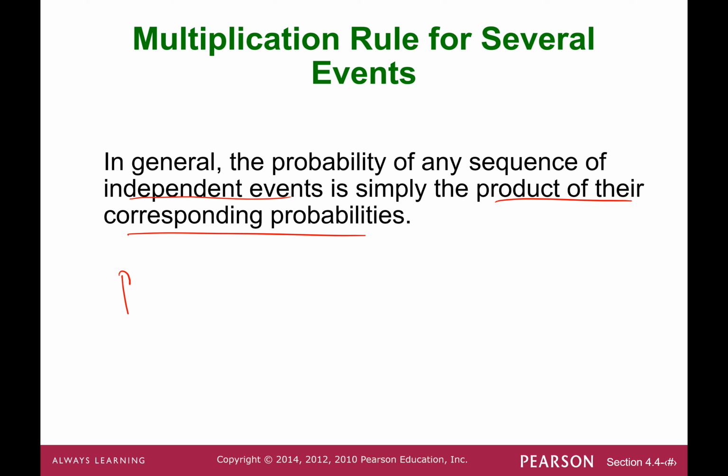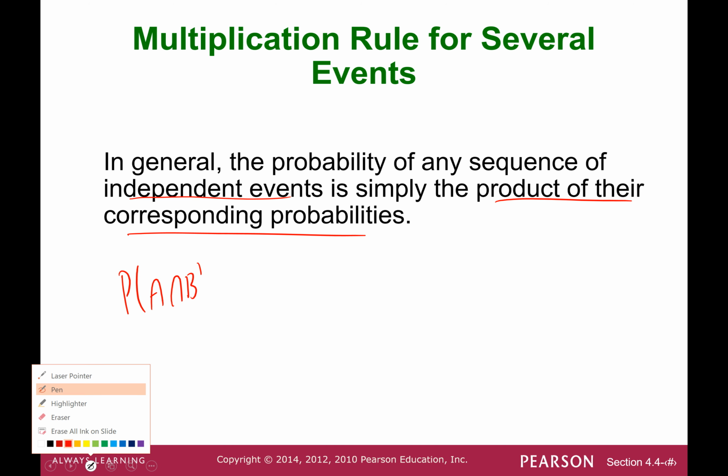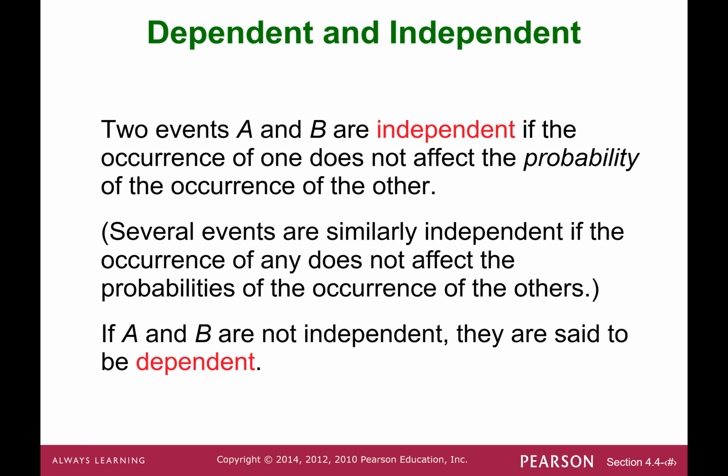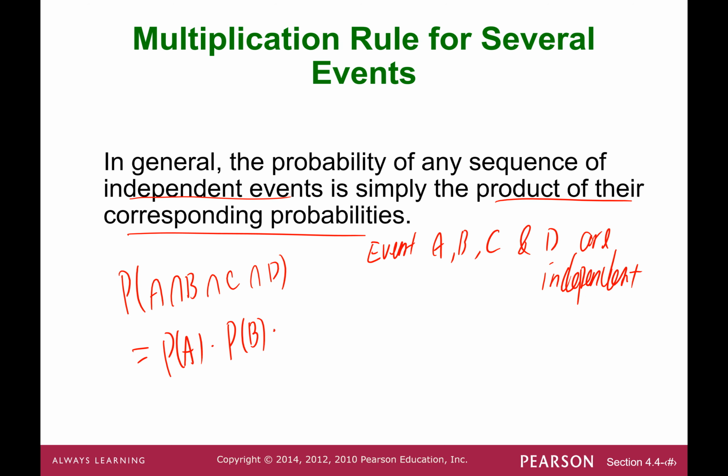So for example, the probability of A intersect B intersect C intersect D, assuming events A, B, C, and D are independent, you just write it as the probability of A times the probability of B times the probability of C times the probability of D.